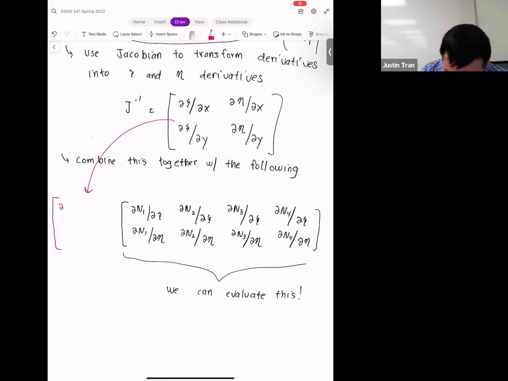So we're going to have partial epsilon partial x, partial eta partial x, partial epsilon partial y, partial eta partial y. The nice thing about this too is that, just like its partner on the right, because we can evaluate the Jacobian, we can evaluate its inverse as well. Any 2x2 matrix is a very simple function to invert in MATLAB.